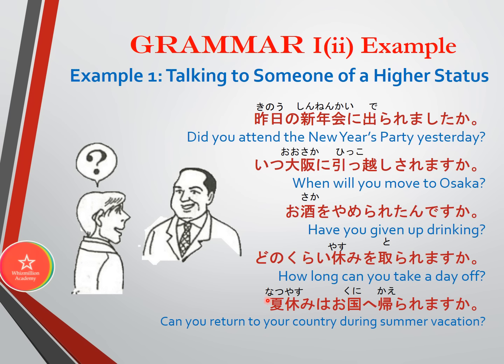How long can you take a day off? どのくらい休みを取られますか? Can you return to your country during the summer vacation? 夏休みはお国へ帰られますか? So this is an example where Michael is using sonkeigo speaking to someone of a higher status, his boss.